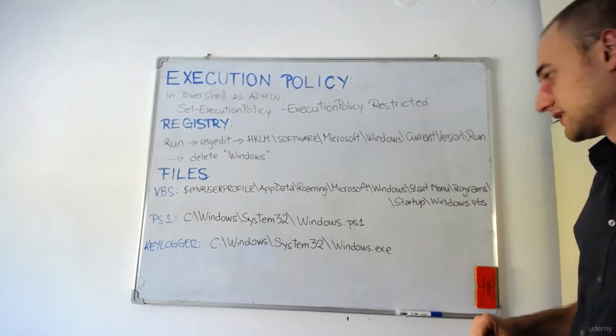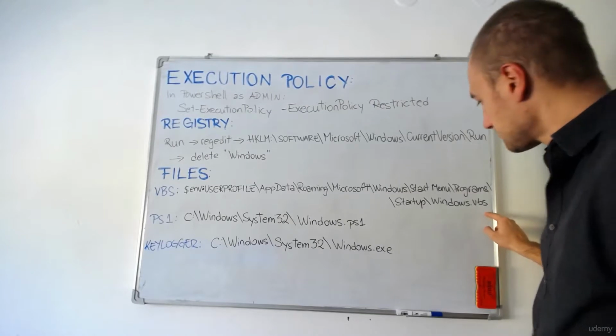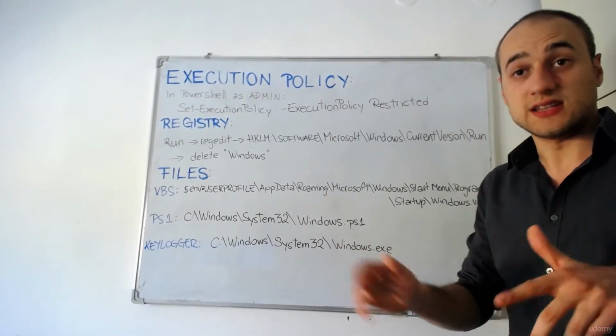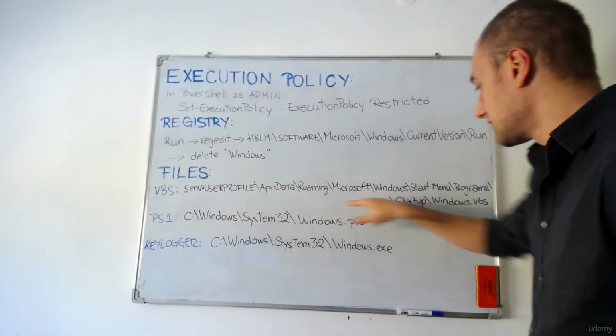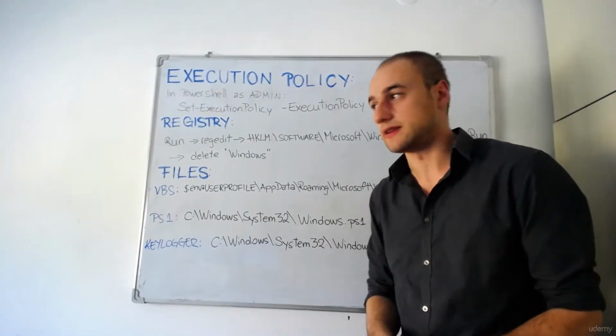The path is a little bit large, and Windows.vbs will be the actual file. Instead of cd, you can type in rm, and then this entire path, and Windows.vbs will be deleted.